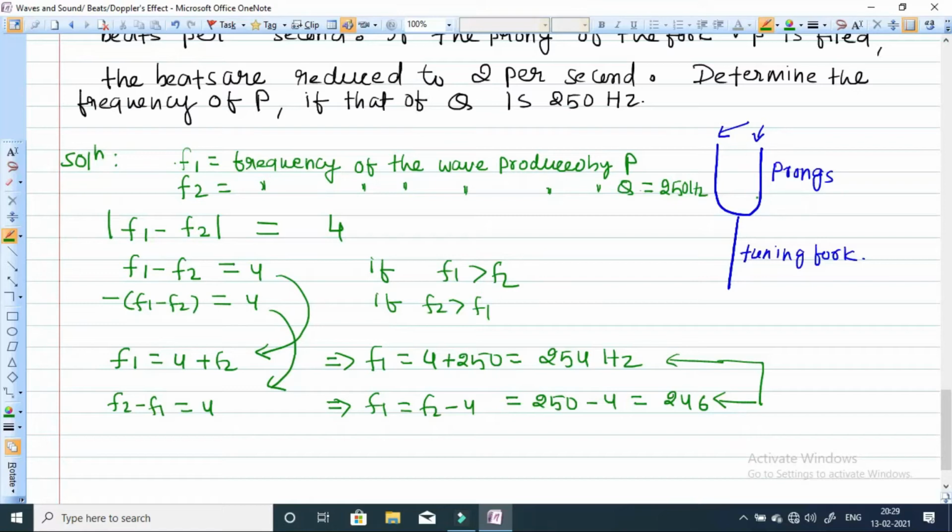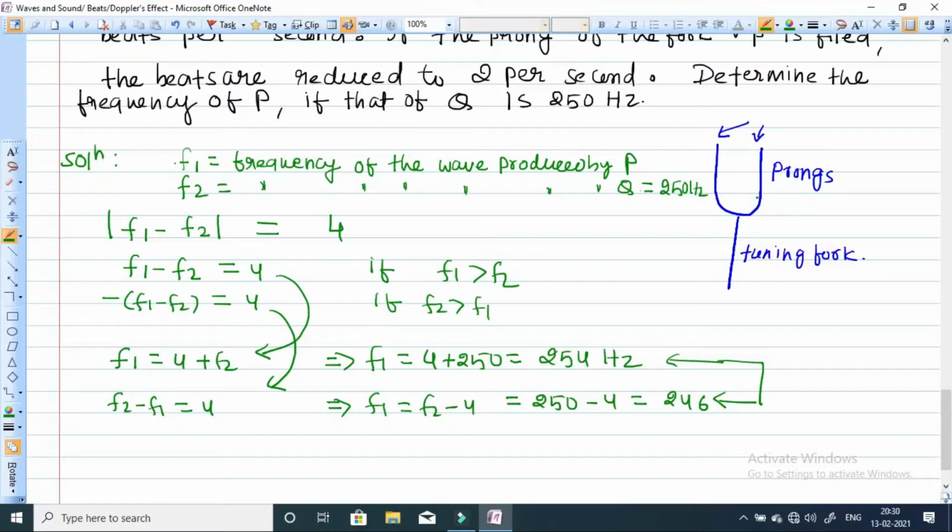When the prong P is filed, its frequency becomes greater than the original frequency. When we decrease the thickness of this prong, its frequency will increase. So if we assume the original frequency of P is 254, then on filing, its frequency will be greater than 254, and the beats between P and Q will be more than 4, which is not possible.